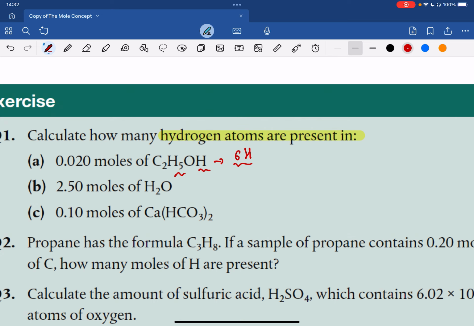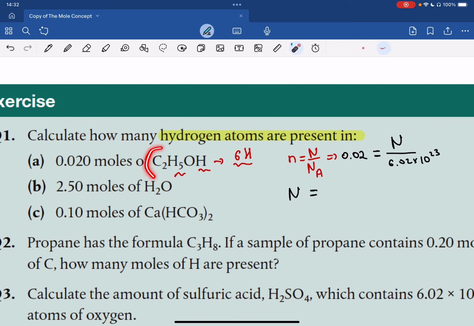Let's find out how many molecules we have. n is equal to N divided by NA. We know small n represents moles, so 0.02 is equal to our N, the number of molecules, which we don't know, divided by NA, which is 6.02 times 10 to the power 23. So we can find the number of molecules of ethanol, C2H5OH, from here.